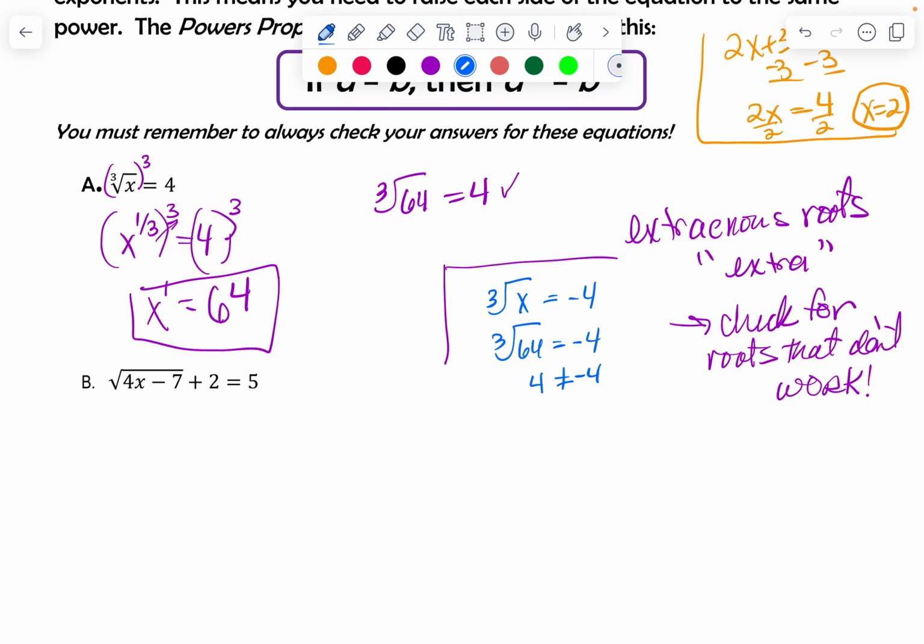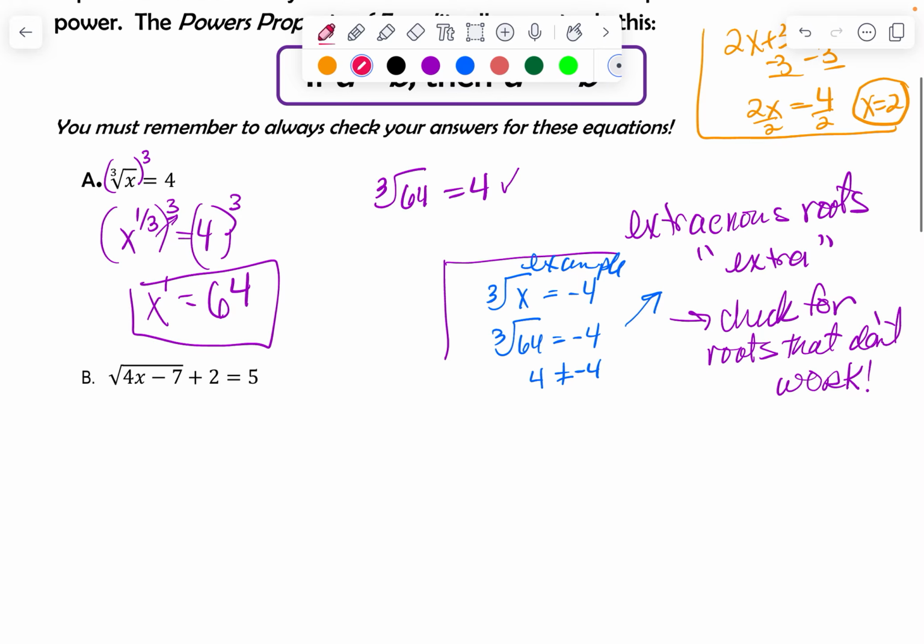So that would be a bad answer. This is an example of something that could happen and give you an extraneous root. That is not the answer to this problem. That's why I did it in a different color. But just so you know, you got to look for that type of thing. Okay? All right. And you only need to do that when it's a root. When you're raising it to an exponent, like a whole number 3, that's the only time you have to check.